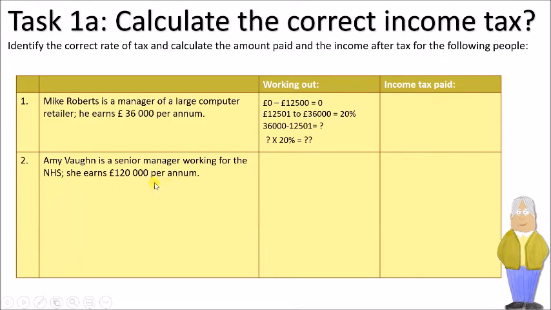So as before, she gets a slice of no income tax, the slice of 0 to 12,500. Now we need to work out the second slice, so we're looking at the slice between 12,501 and up to £50,000. That is the slice which will be at 20%.